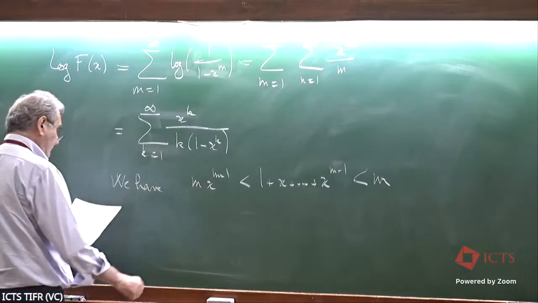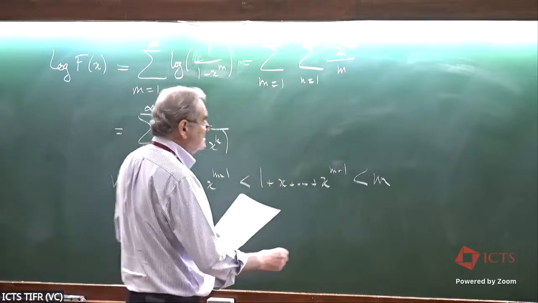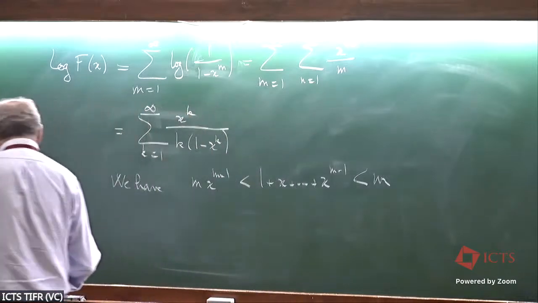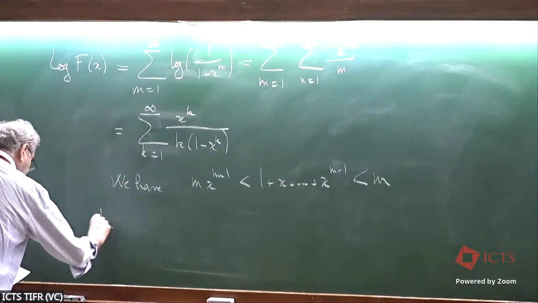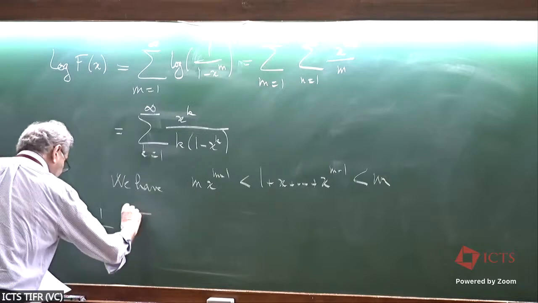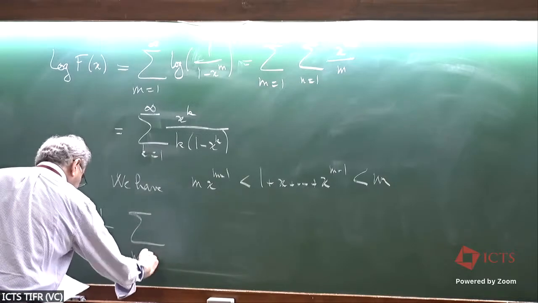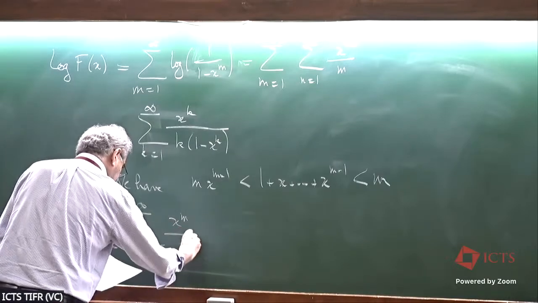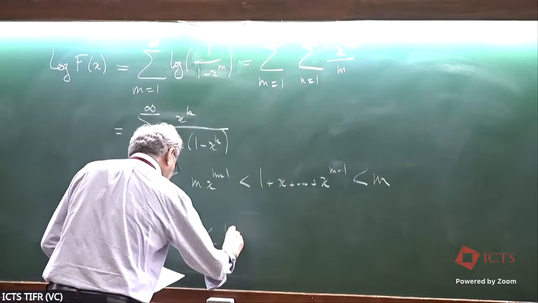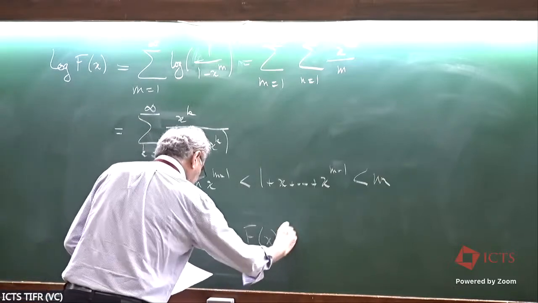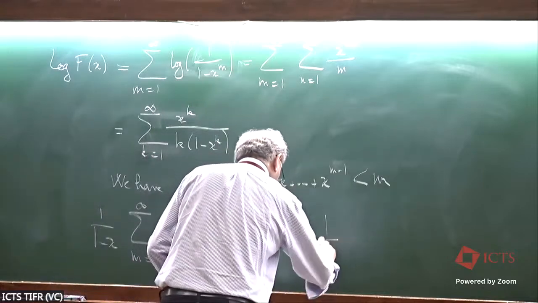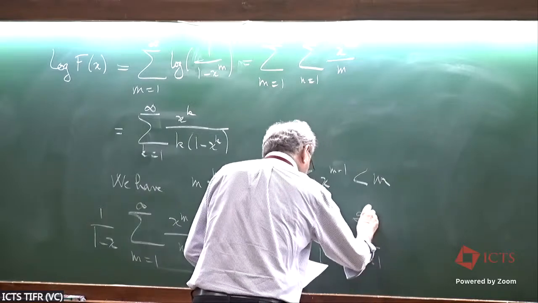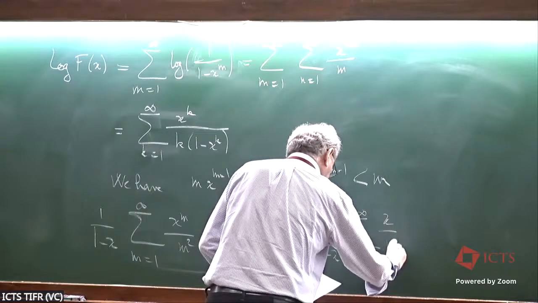And from this, you should be able to deduce, with a little computation, I don't like to make computation on the board, but maybe I give you this and then you'll think of it: 1 minus x times the summation m from 1 to infinity of x^m over m squared is less than log f of x, and this will be less than 1 over 1 minus x times the summation m from 1 to infinity of x over m squared.